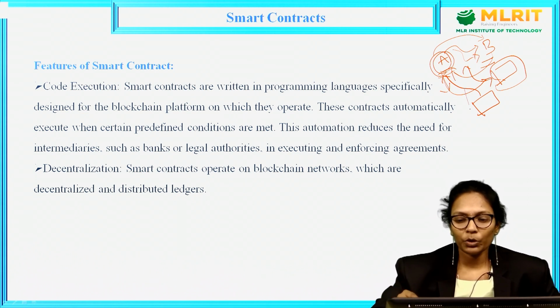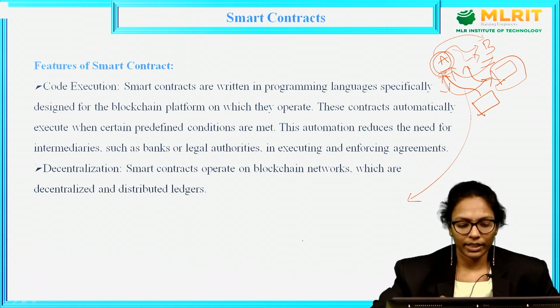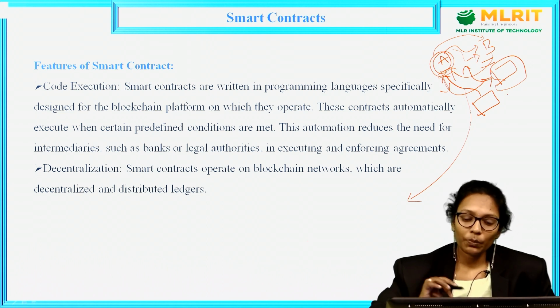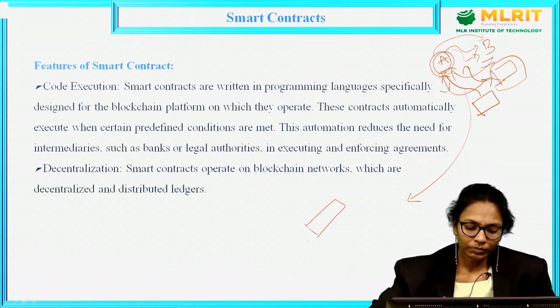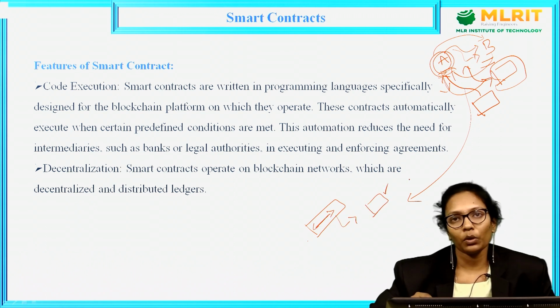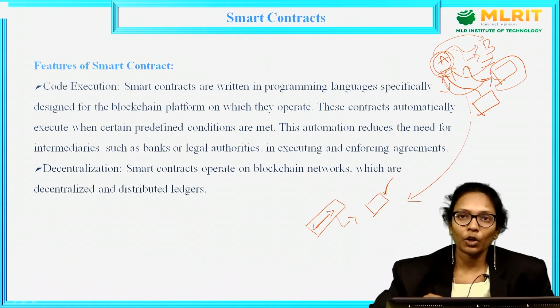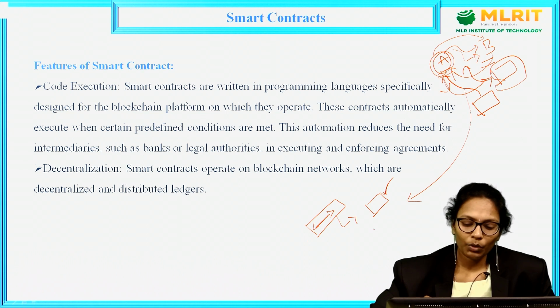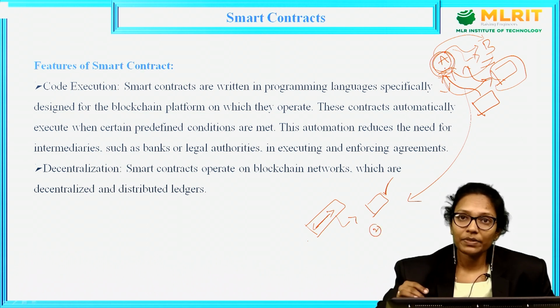But I want to do the same thing using smart contracts. In a smart contract, we write a code. What is this code actually? Initially, it checks whether the document is valid or not. The smart contract will check whether B's land documents are valid. The second condition is whether A has sufficient funds or not.